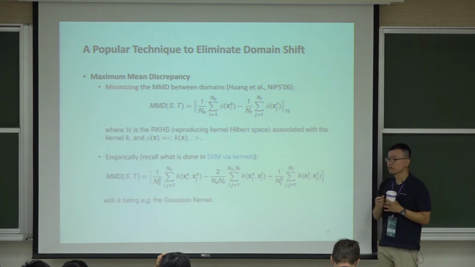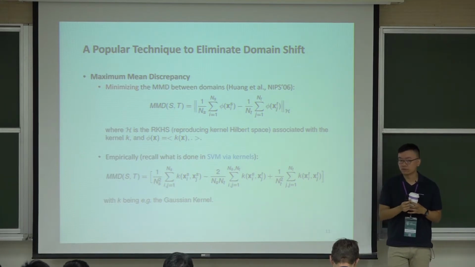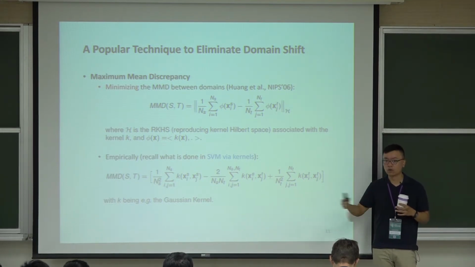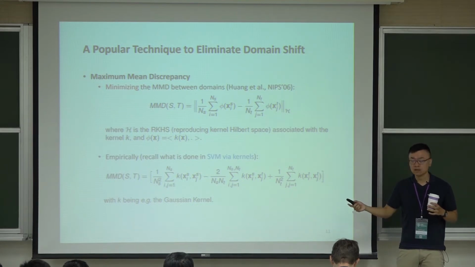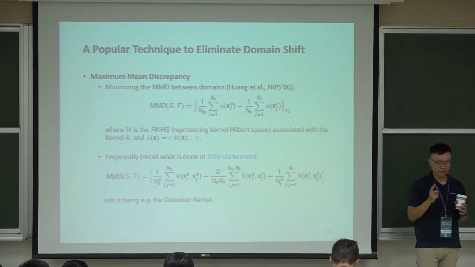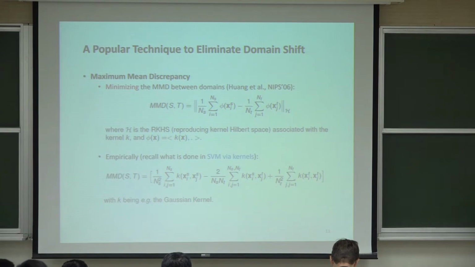If we can do that, maybe we can do an even better job for this cross-domain recognition task. Because you can imagine that making the global means match each other doesn't really say anything about class-wise distribution, right?